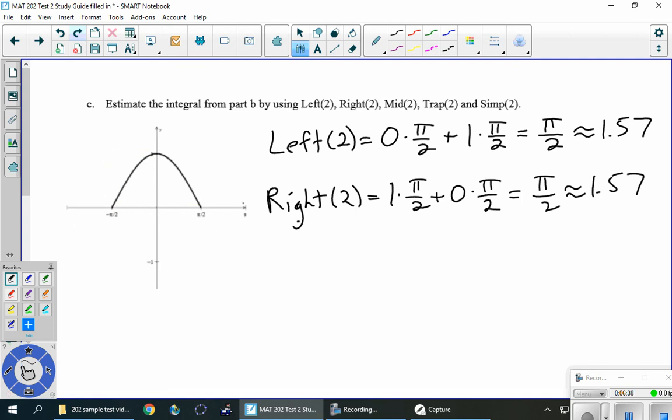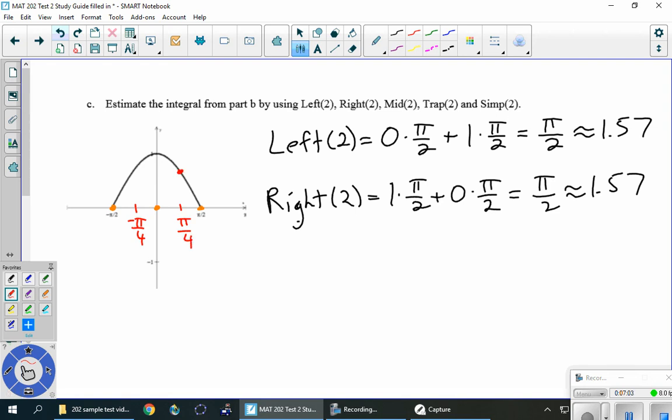So altogether pi over 2, which is still around 1.57. Now we're going to do some midpoint rectangles. So again, we had our 3 points which cut our space into 2 intervals, but now we need to go to the midpoints. So that means this guy at negative pi over 4 and this guy at pi over 4. And then the heights that we're interested in finding here, they happen to be the same number. Let's do this.